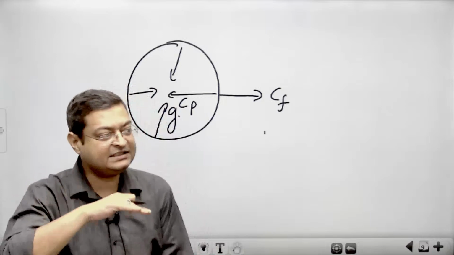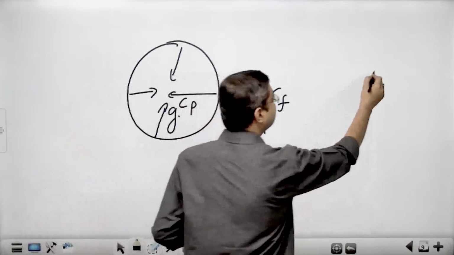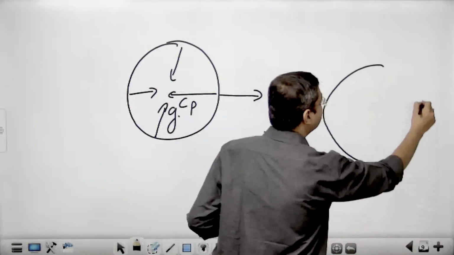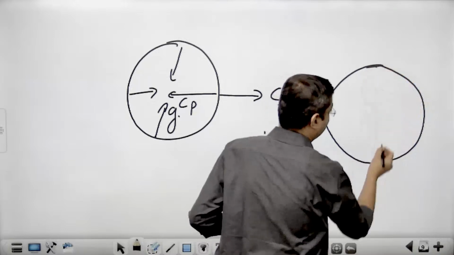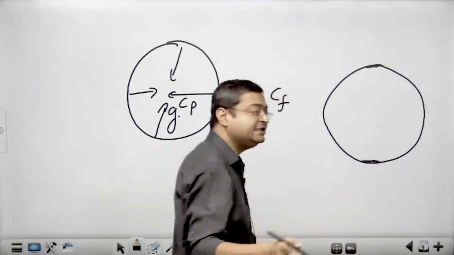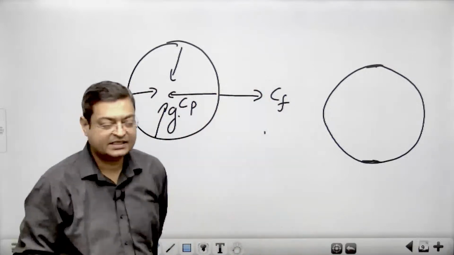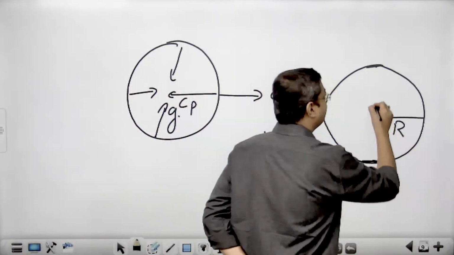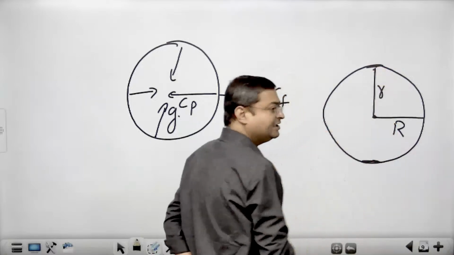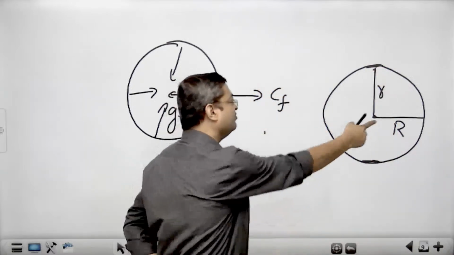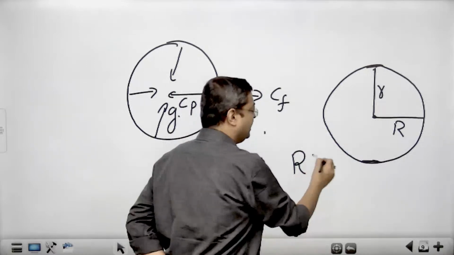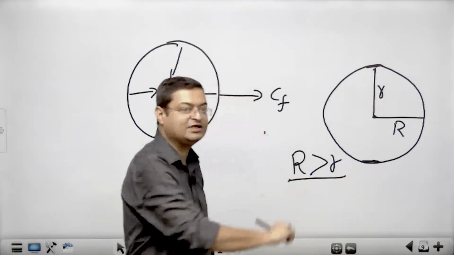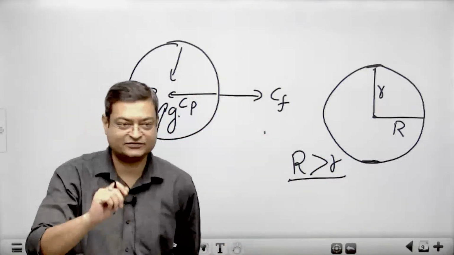And if Earth is a bit flattened at the poles, that structure is termed an oblate spheroid. And if Earth is flattened at the poles, the radius at the equator as compared to the radius at the poles will be more. So R is greater than smaller r, and that is very true.